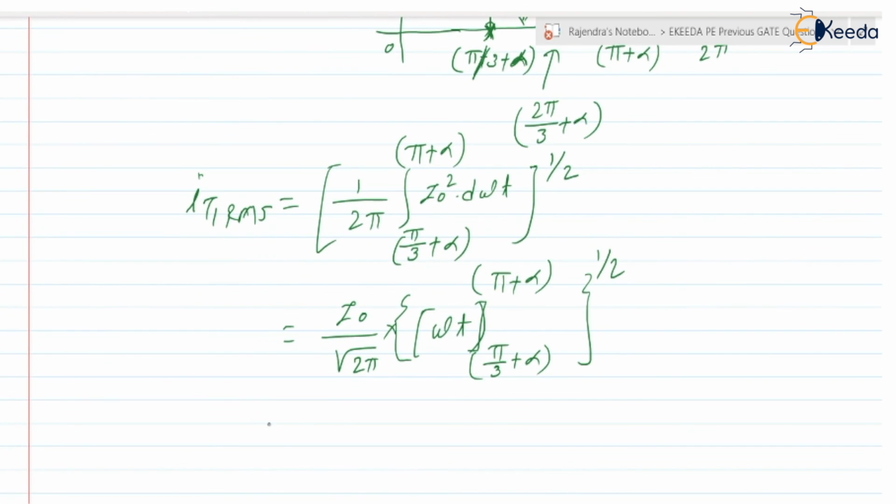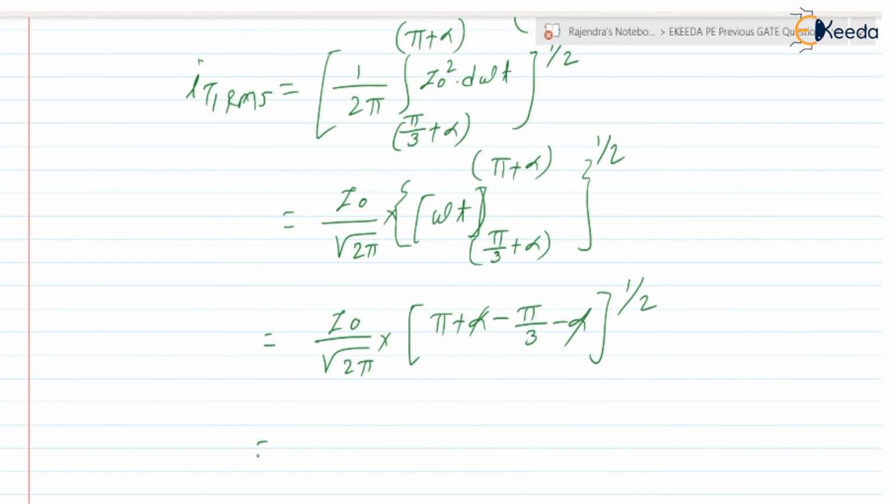If we simplify further, it is I0 upon root 2 pi into pi plus alpha minus pi by 3 minus alpha, to the power 1 by 2. Plus alpha and minus alpha will get cancelled. So it is pi minus pi by 3, which is 2 pi by 3, so I0 by root 2 pi into 2 pi by 3, to the power 1 by 2.